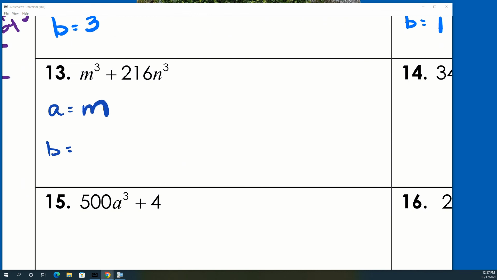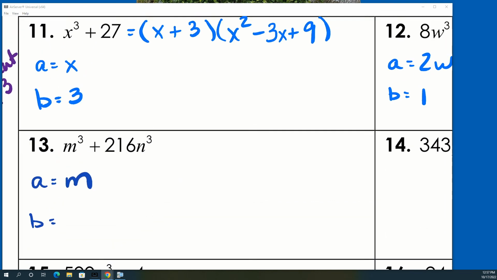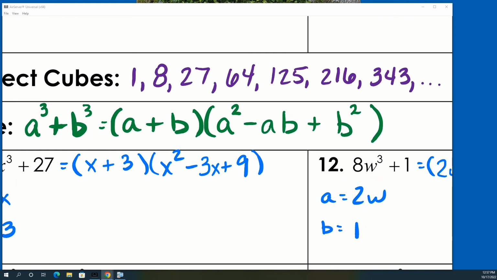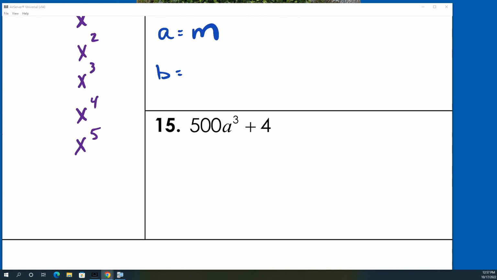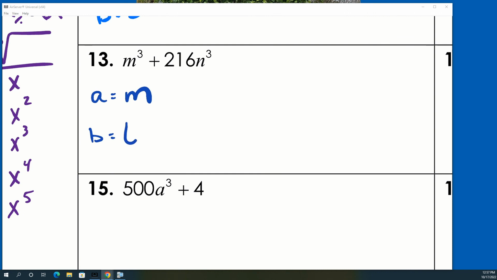For 216, you have two options. You can type it in the calculator, math, and then number 4, and type 216. Or if you made your list, this is 1, 2, 3, 4, 5, 6. So the cube root of 216 should be 6, as long as your list is right. And then the cube root of n cubed is just n.